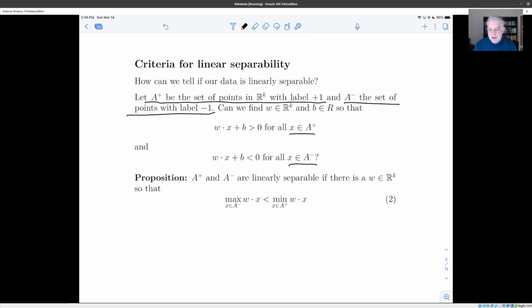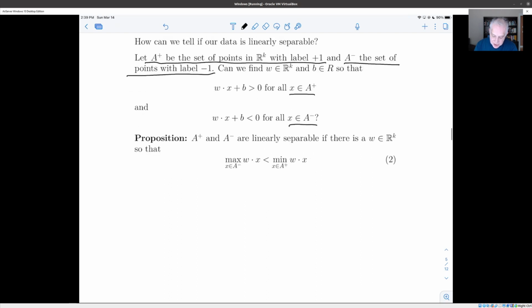We can sort of put the b a little bit in the back of our minds. And it turns out that A plus and A minus are going to be linearly separable if you can find a w which satisfies this property, that the maximum value of w dot x on the negative points is smaller than the minimum value of w dot x on the positive points.